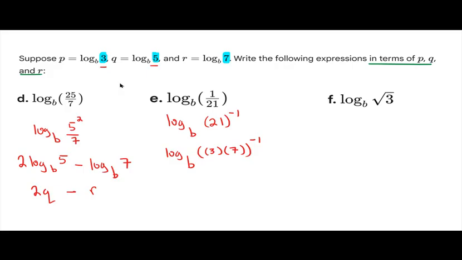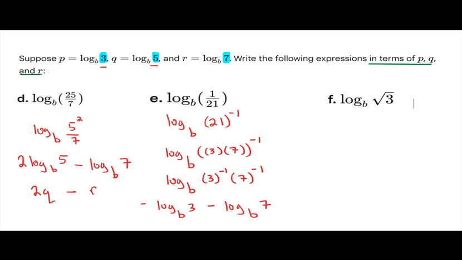Basically this would become log base b of 3 to the negative 1 power and 7 to the negative 1 power. When I expand this, it would be log base b with a negative 1 in the front, so you just put the negative there, of 3, minus, and then we have log base b of 7.